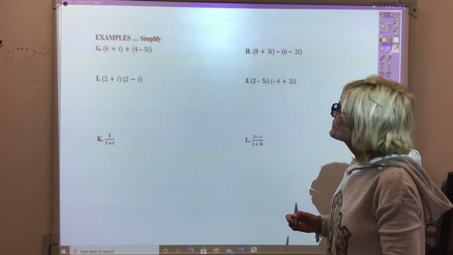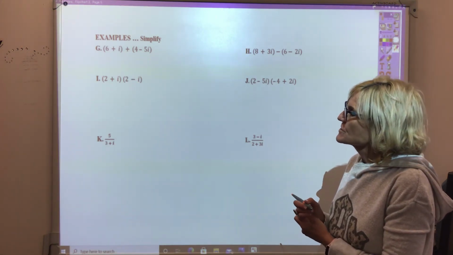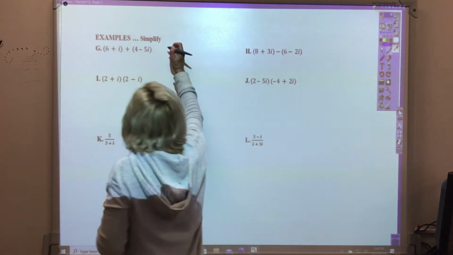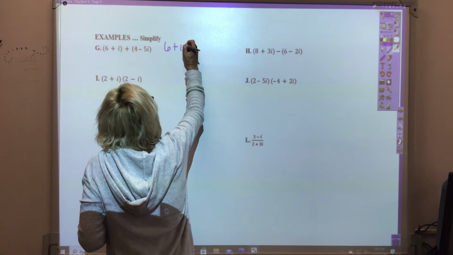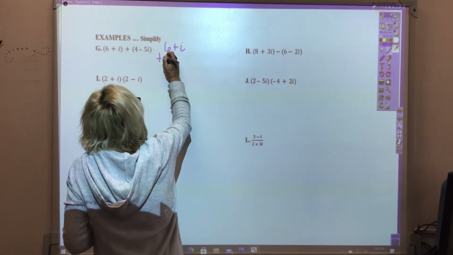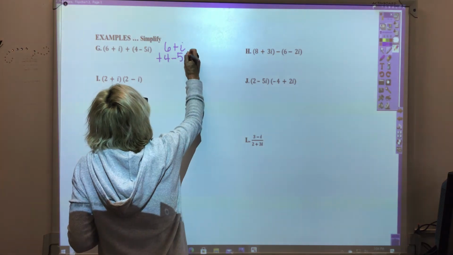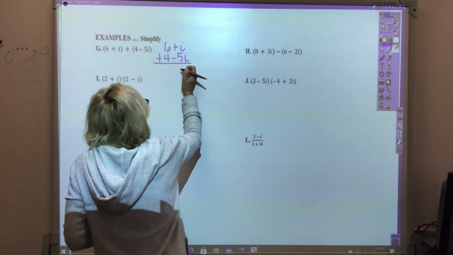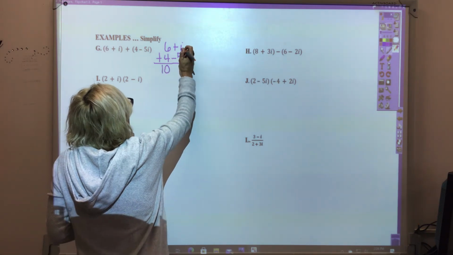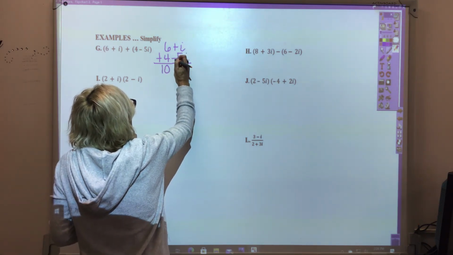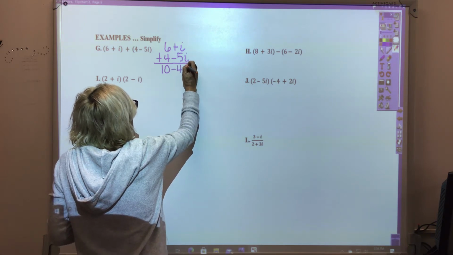Okay, so our first two are using the properties of addition. So I'm going to rewrite this first one as 6 plus i plus 4 minus 5i. And I'm going to simplify. 6 plus 4 is 10. i, or 1i, minus 5i would be minus 4i.